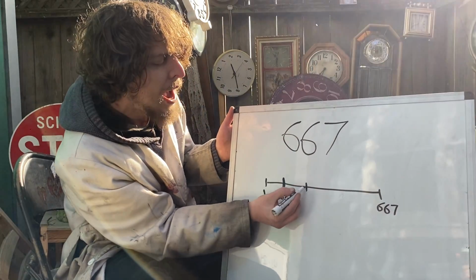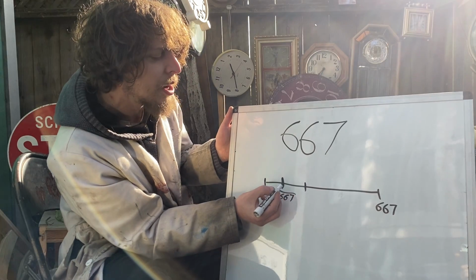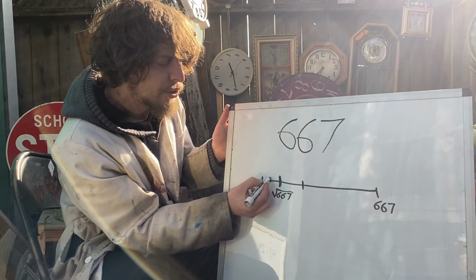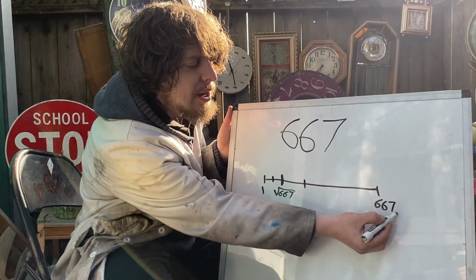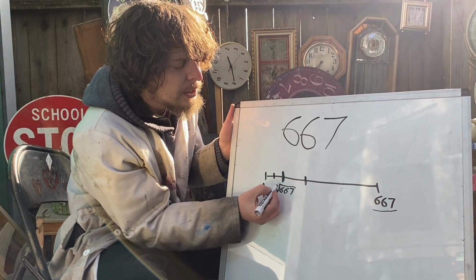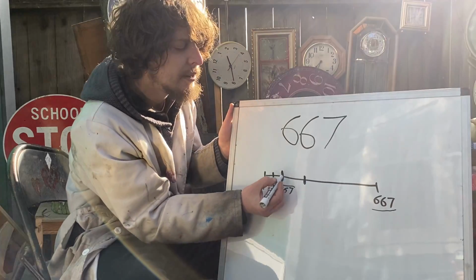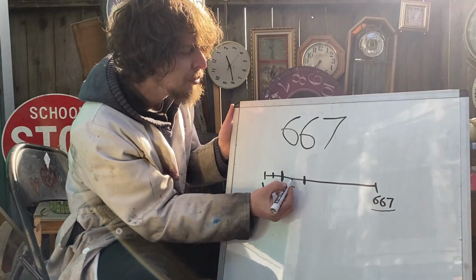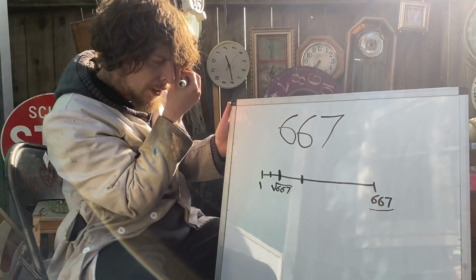Well, this would have to be paired up with something smaller than the square root. If I multiplied anything larger than the square root by another thing larger than the square root, it would be bigger than the target number.